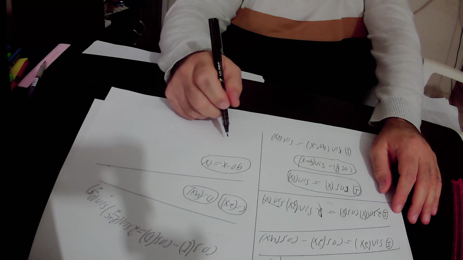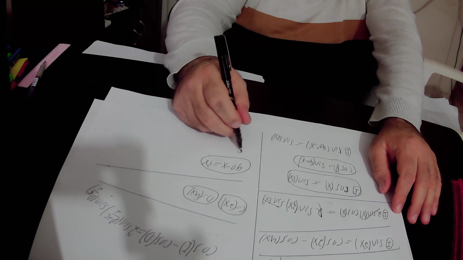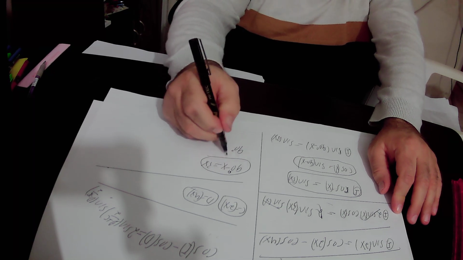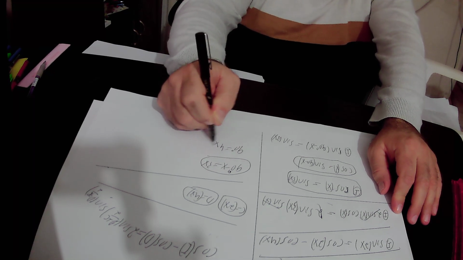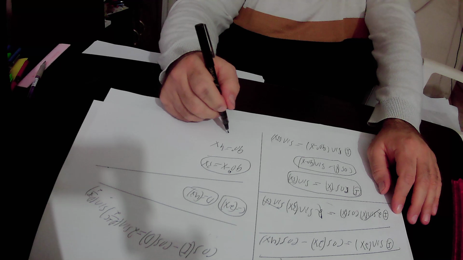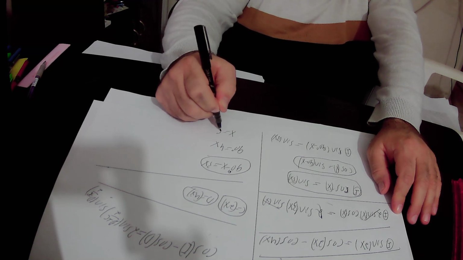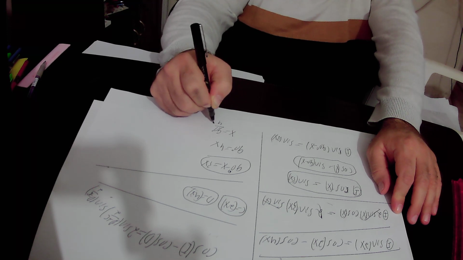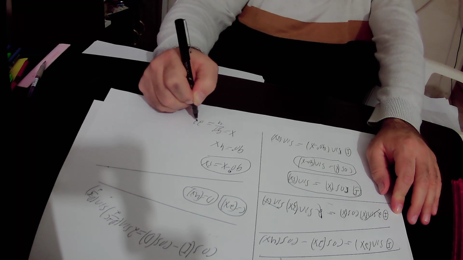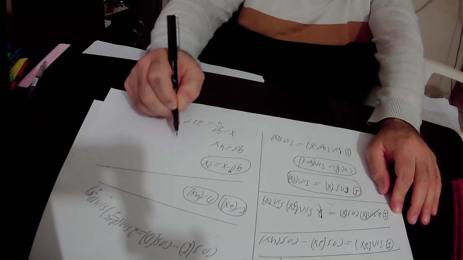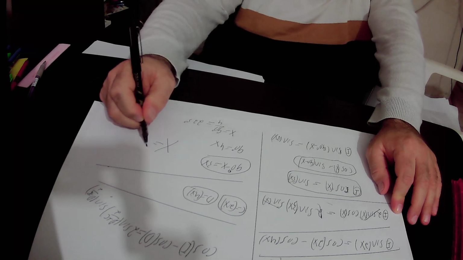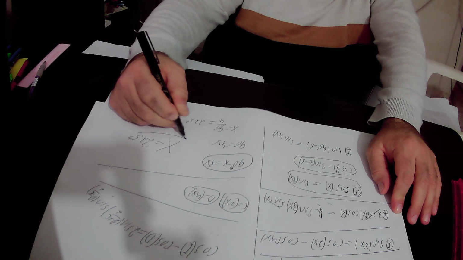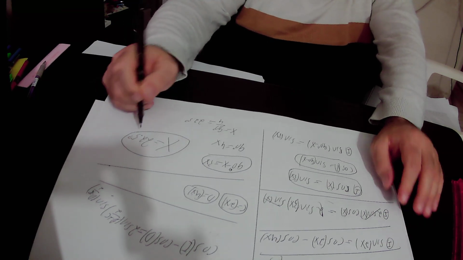Here we will add x to this equation and we will get that 90 degrees equals 3x plus x, which is 4x. We will divide this equation by 4 and we will get that x equals 90 degrees over 4. 90 degrees over 4 is 22.5 degrees. So we found out that angle x equals 22.5 degrees. So we finished with the first method.